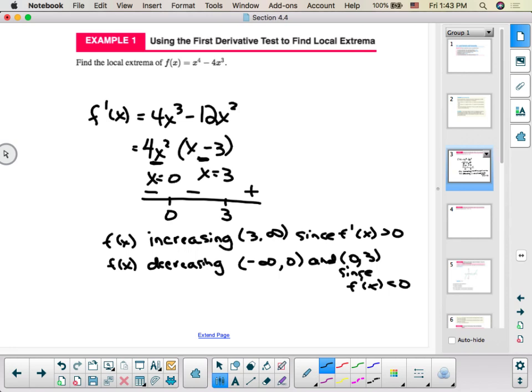That tells us that there's a sign change from negative to positive, and therefore we have a min at x equals 3.